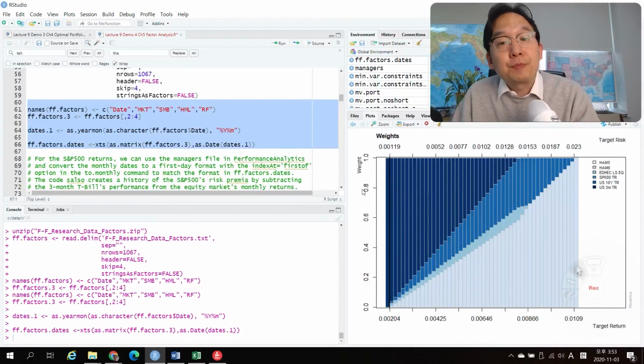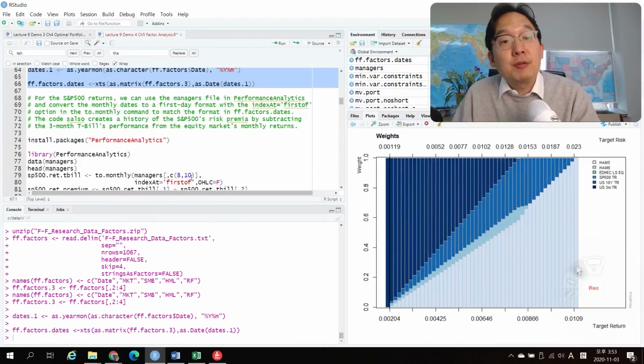For S&P 500 returns, we can use the managers file in PerformanceAnalytics and convert the monthly dates to a first-day format with the index AT first-of function. The option in the to.monthly command matches the format in the FF3 factors dates.